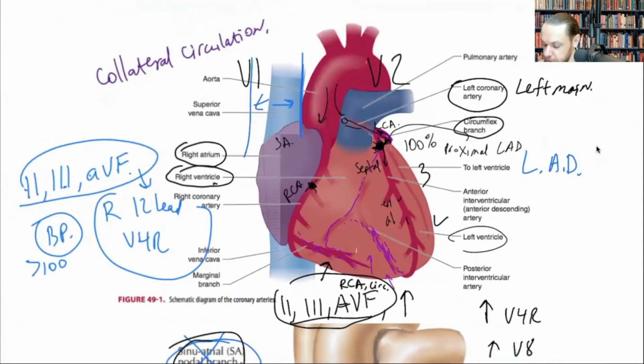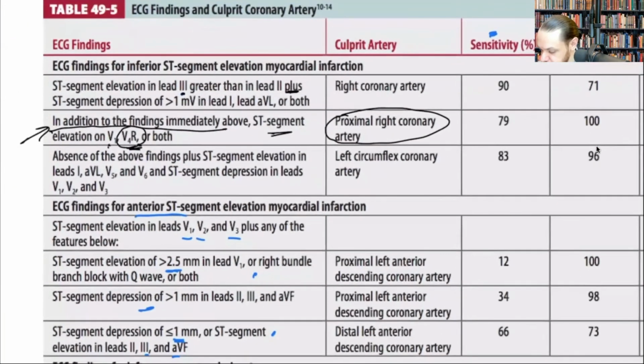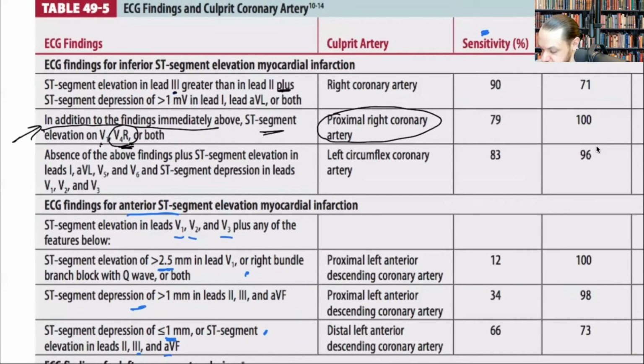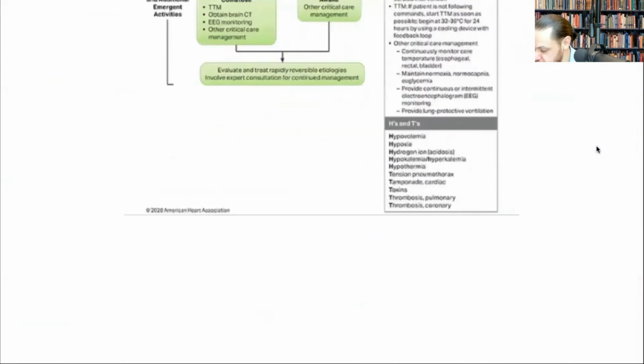And how do you tell? If you look at this diagram, if you have ST segment elevations in 2, 3, AVF, and if you have elevations in addition in 1 and AVL, or both, then you may have the circumflex involvement. So let me go back to that EKG.